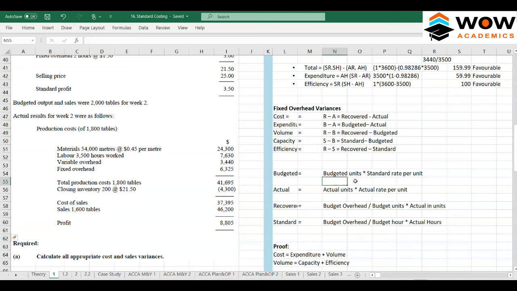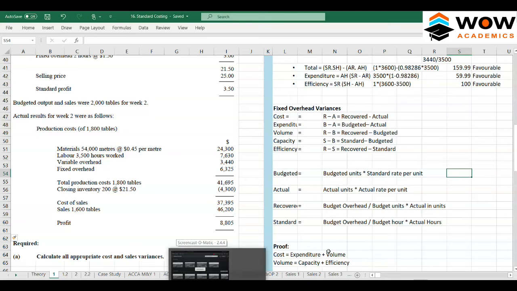So the first one that we have to get is budgeted units. First we have to get that. Here it is.